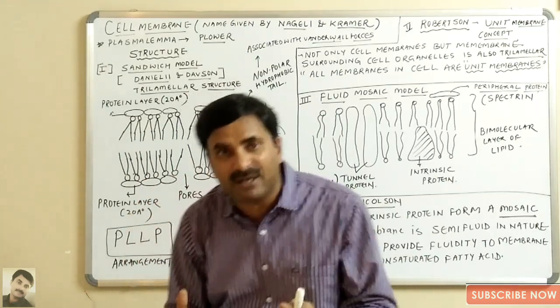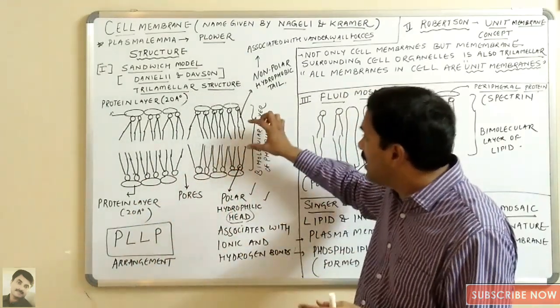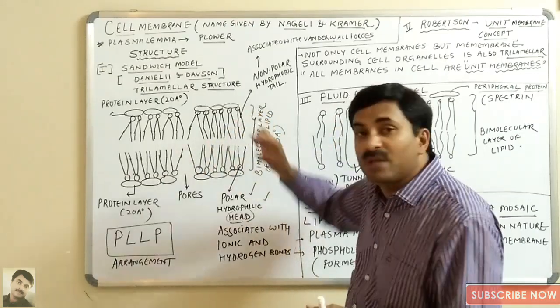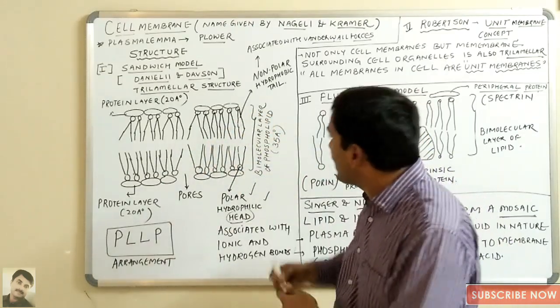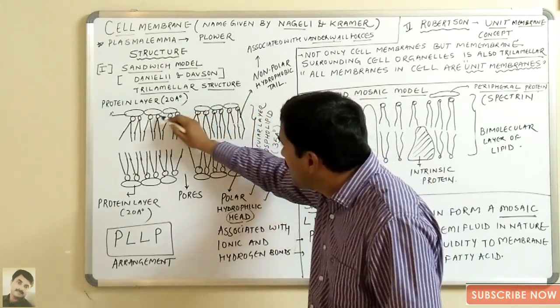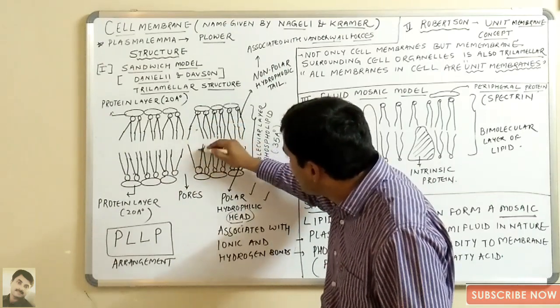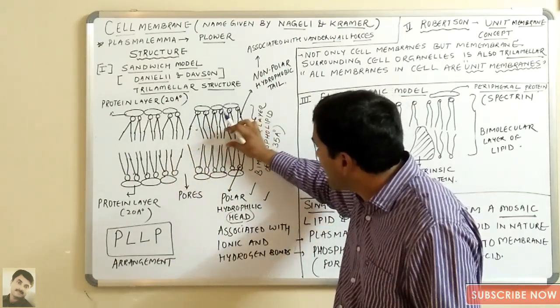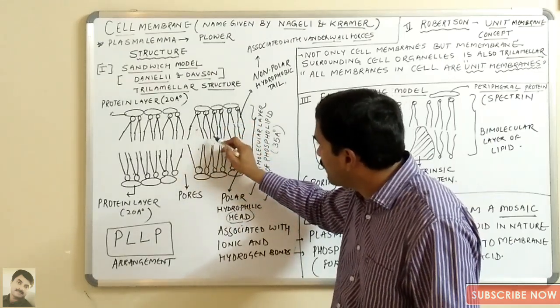What is amphipathic? Amphipathic means the phospholipids have a head and a tail. I am marking here, these are the heads of the phospholipid, and these structures are the tails, which are facing towards each other.